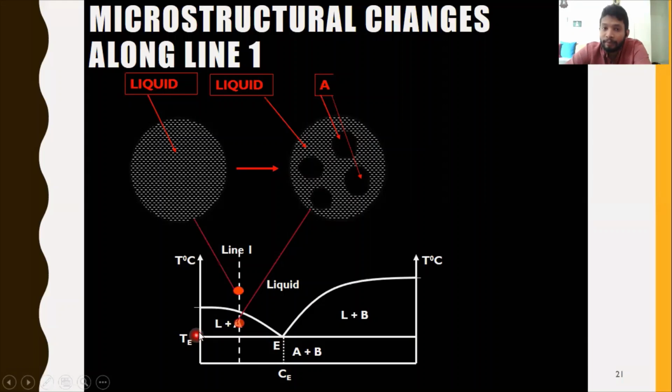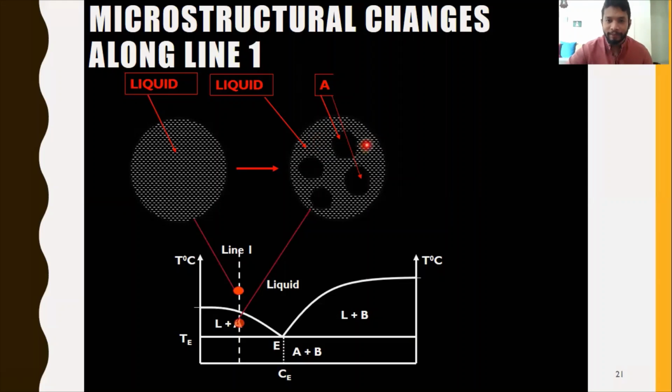And remember, this is important: inside this liquid, A and B are still there. The reason A solidifies first is that A is high in this region, but extra A is still in the liquid, so A and B are both still there.